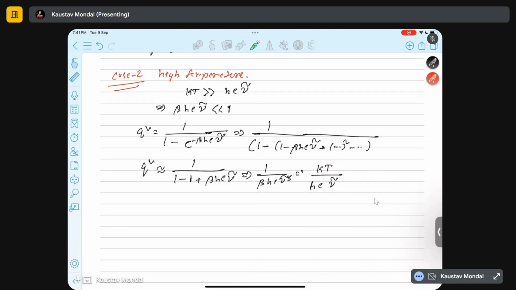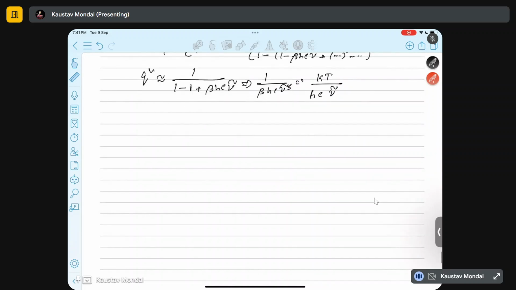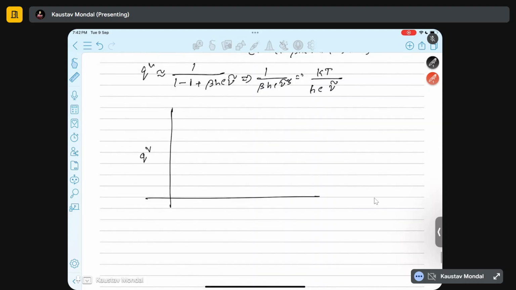So you can draw a diagram of how this looks. Okay, so the partition function QV versus KT by HC nu tilde looks like this. This is 1.